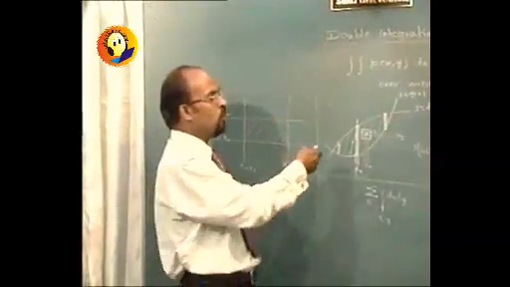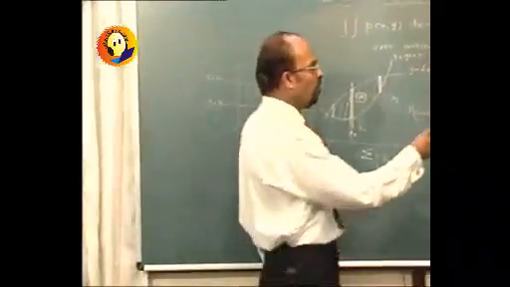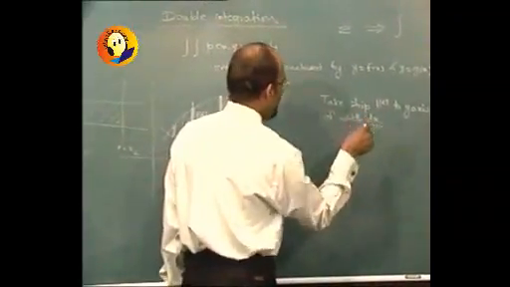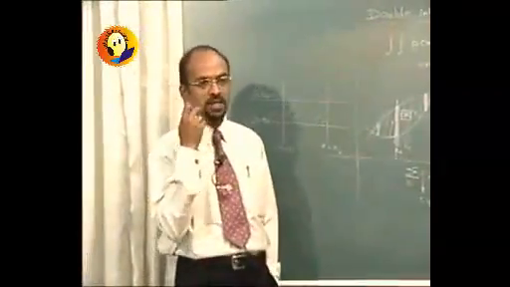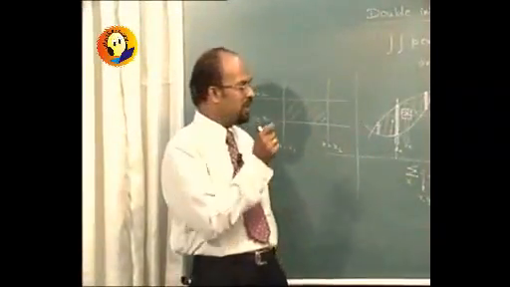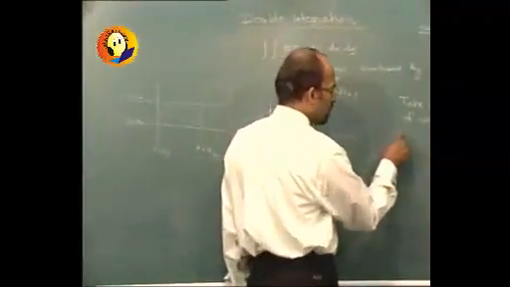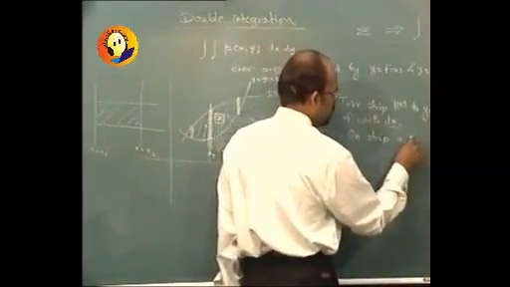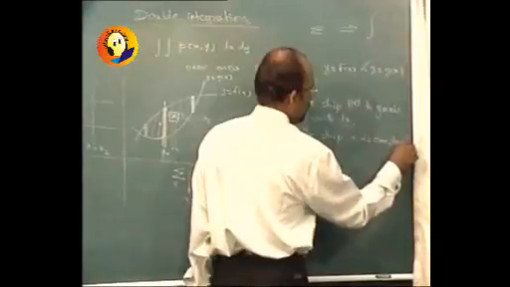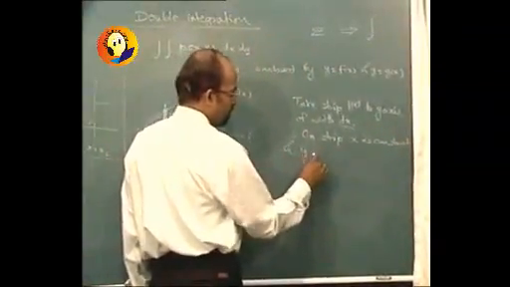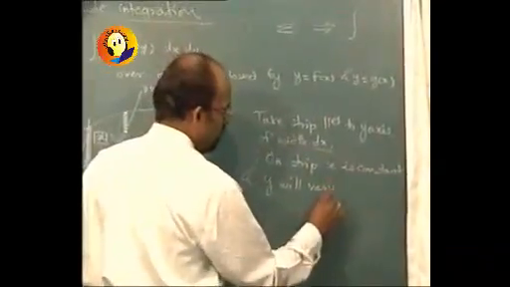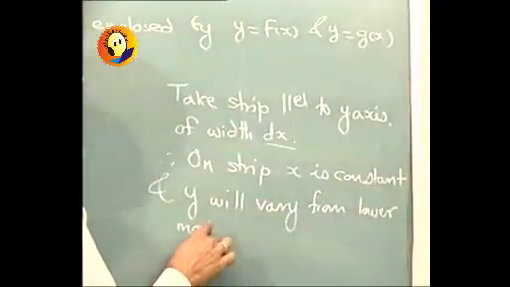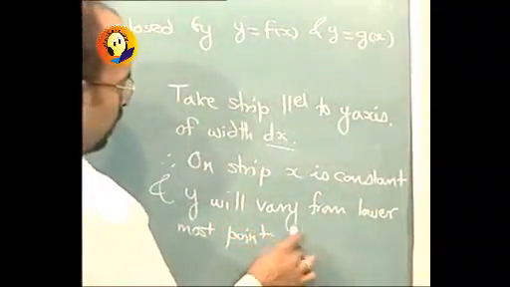But here I am going to take the strip parallel to the y-axis of width dx, and dx is an infinitesimally small width, and on this particular strip I can consider the x coordinate to be constant. So on the strip x is constant and y will vary from the lowermost point to the uppermost.